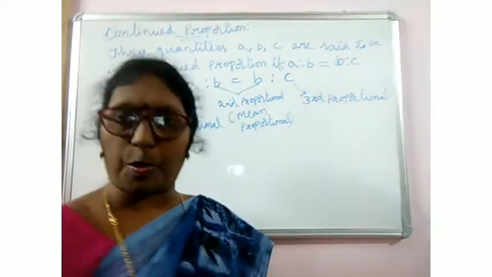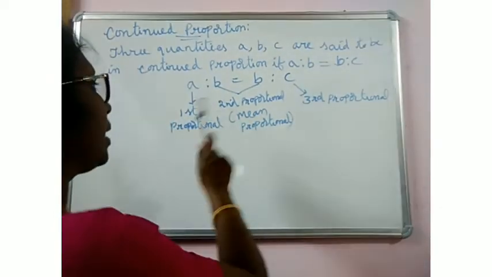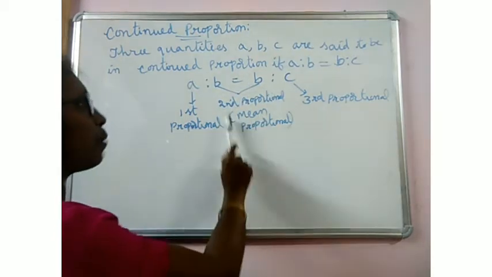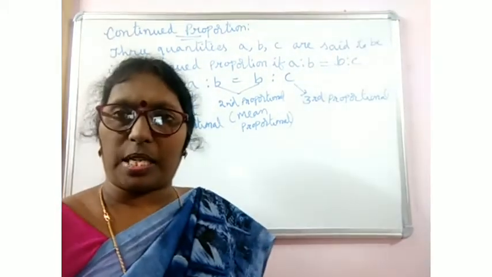If it is an ordinary proportion, A is the first proportional, B the second, C the third, D the fourth proportional. And here B is the second proportional or mean proportional.